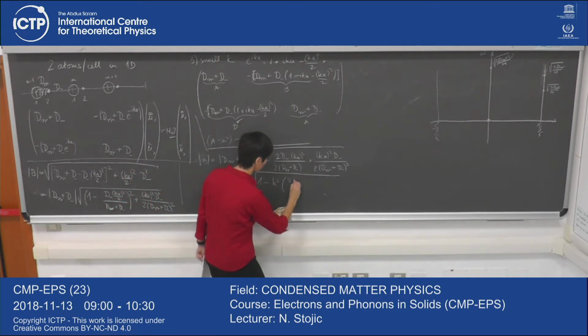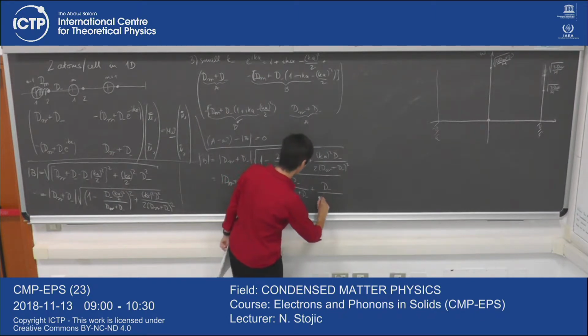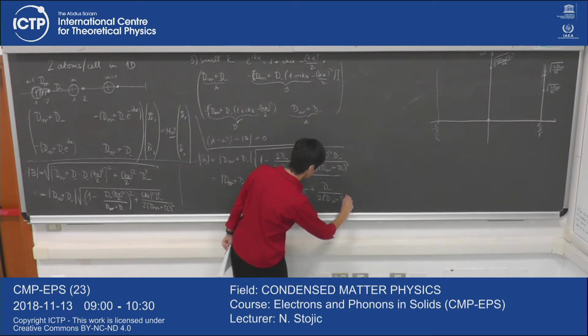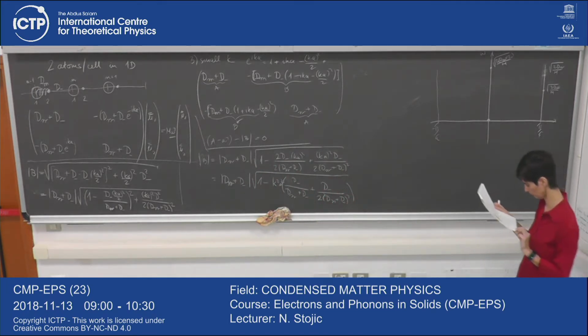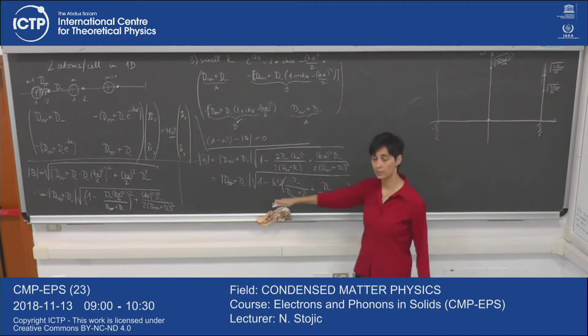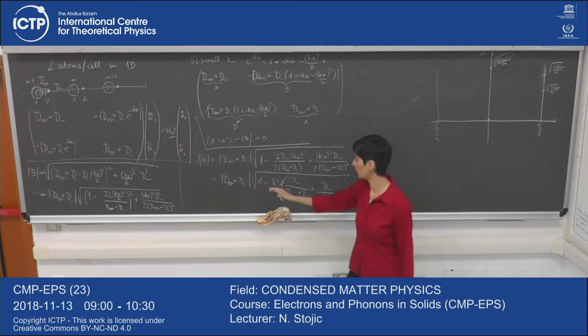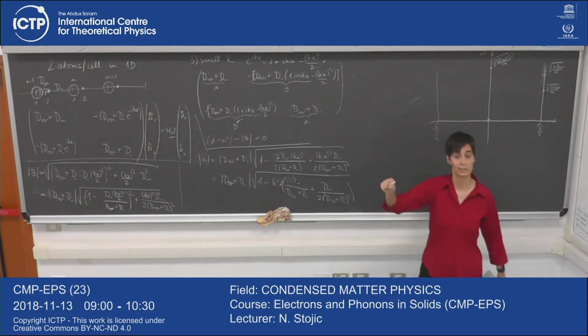All that I have here is 2d strong plus d weak, which can also be a square root of d weak or 2 d strong plus d weak squared. For the expansion of the square root, 1 minus epsilon, the square root of that is equal to 1 minus 1/2 epsilon.